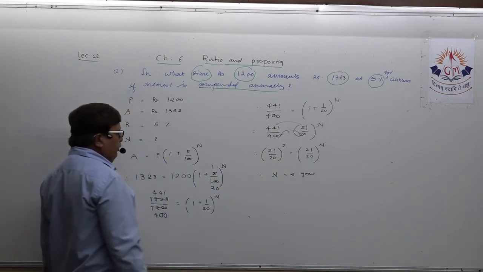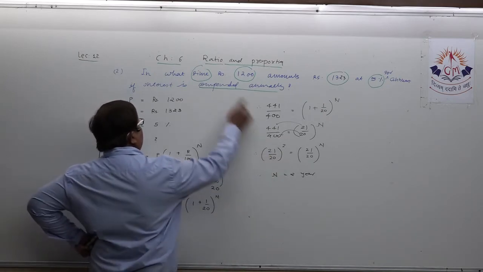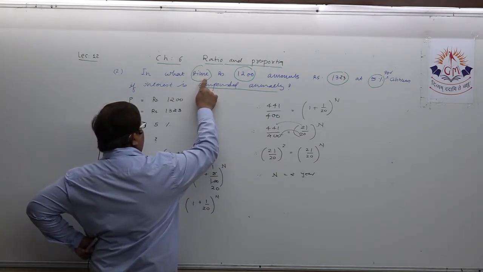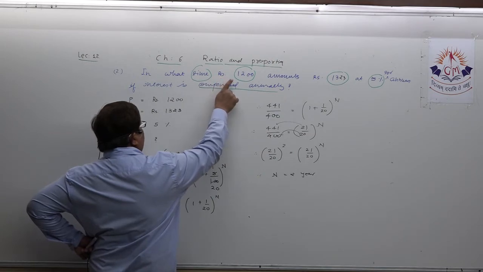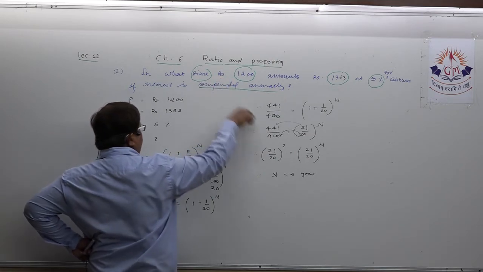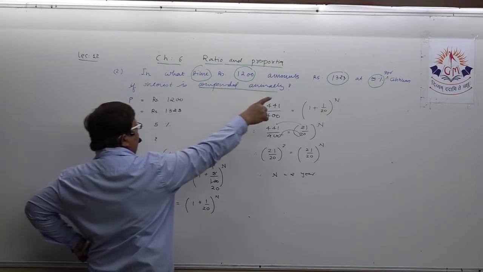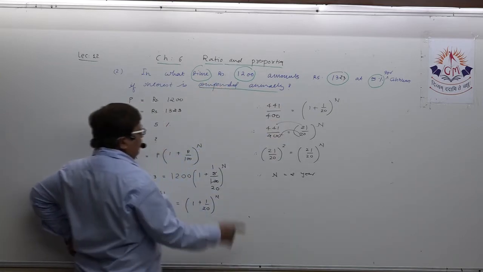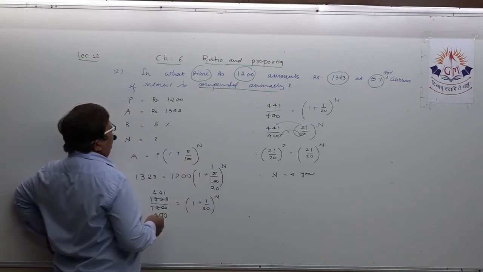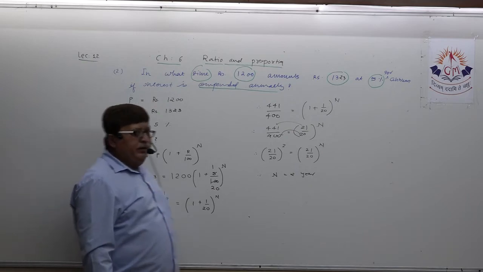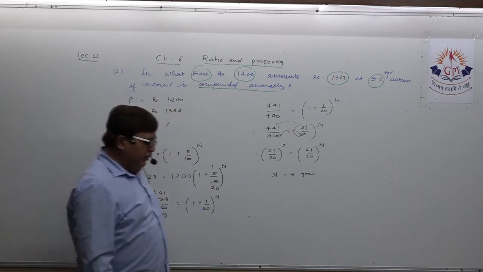This is the way you should write the statement: in time period of 2 years, rupees 1200 amounts to rupees 1323 at 5% per annum if interest is compounded annually.